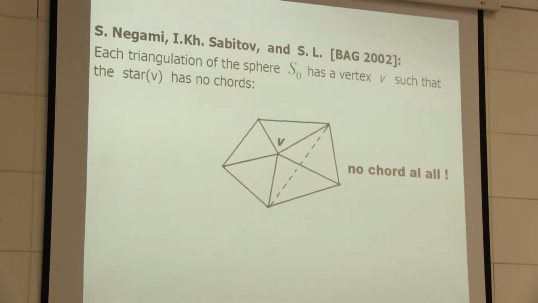A chord would be an edge which joins two points on the link of the vertex, that is on the boundary of the star, but itself doesn't belong to the star, to the boundary of the star.